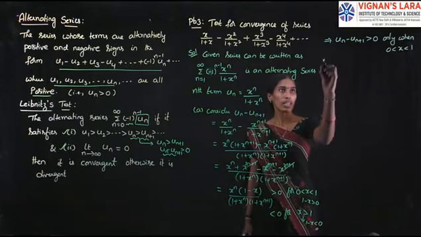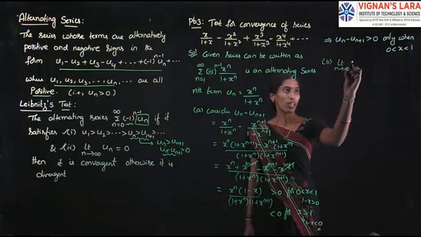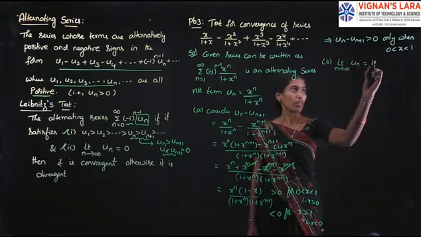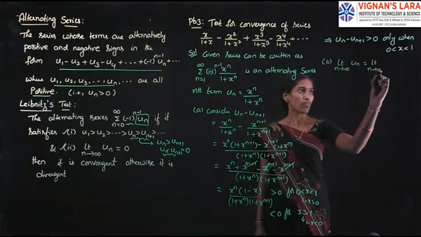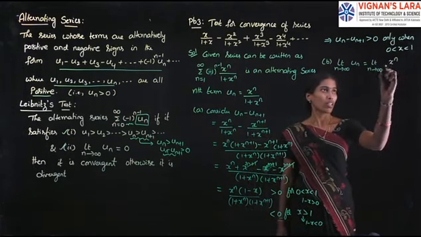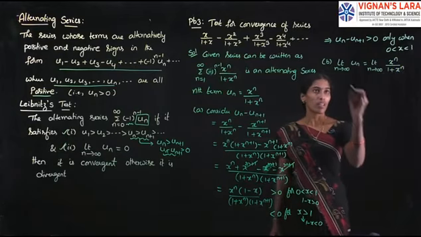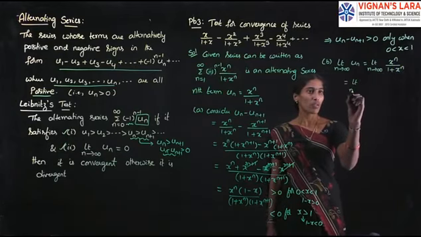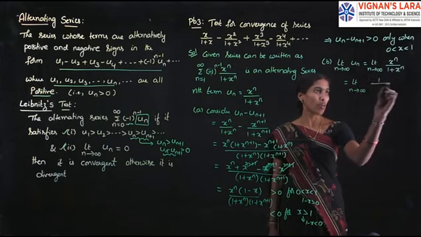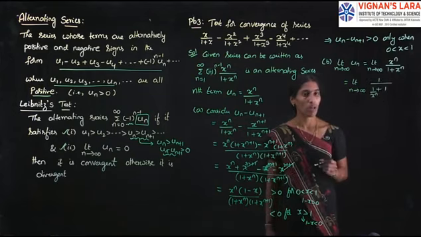What about second condition? Limit n tends to infinity un. What is un here? X to the power n by 1 plus x to the power n, which is limit n tends to infinity. We can write it as 1 by 1 plus 1 by x to the power n, plus 1.